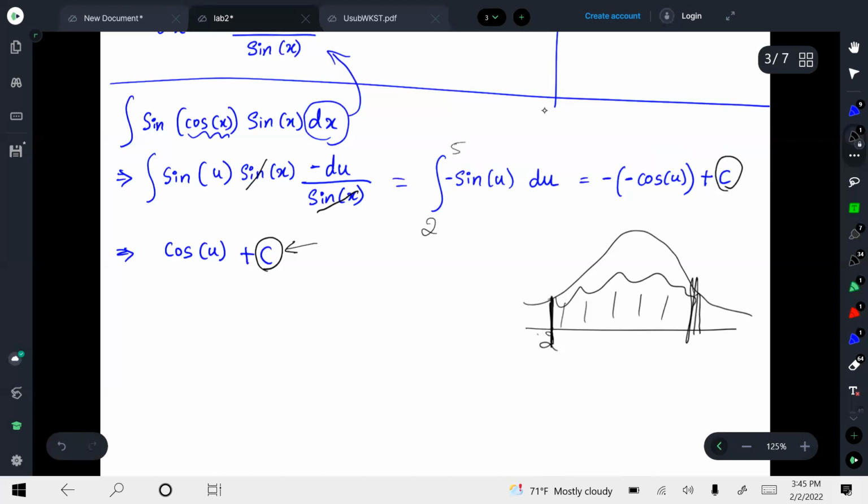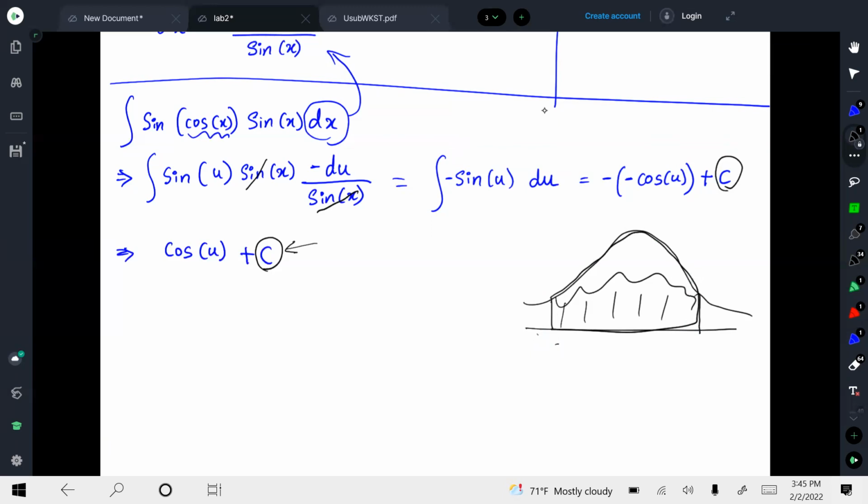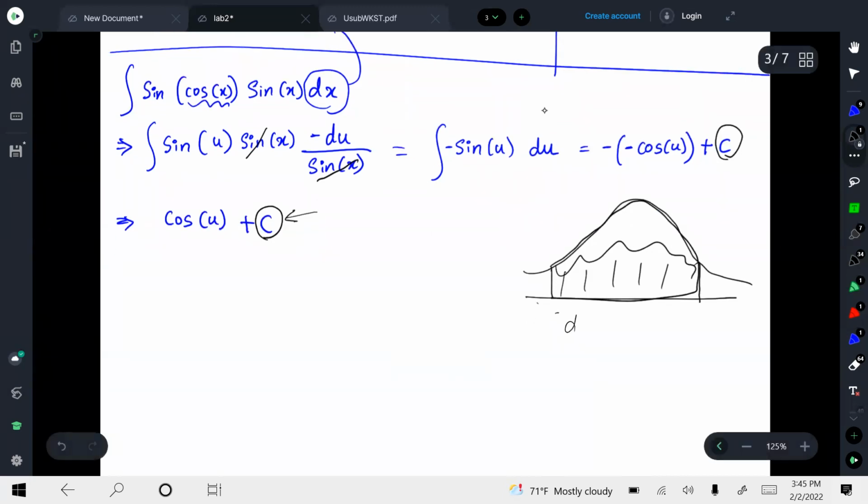What if I do not have limits? If I don't tell you from which point to which point you are supposed to find the area, then you will not get a definite number. And that's the reason we introduce this constant.